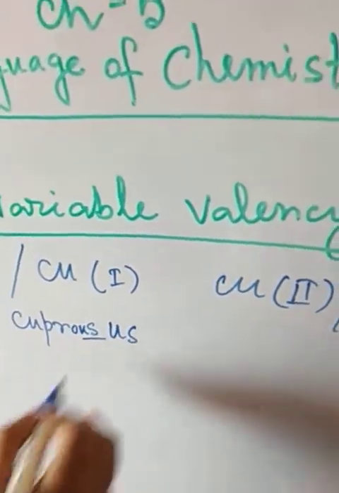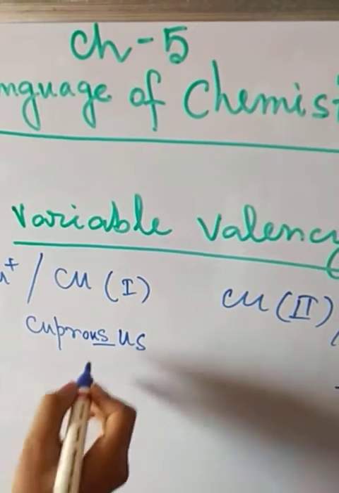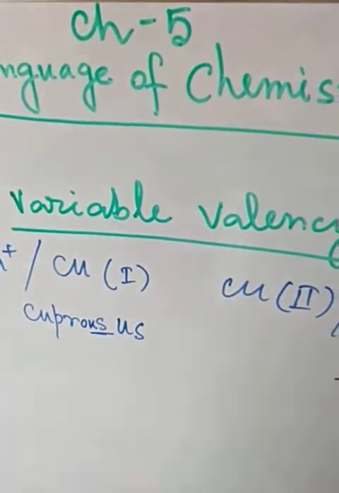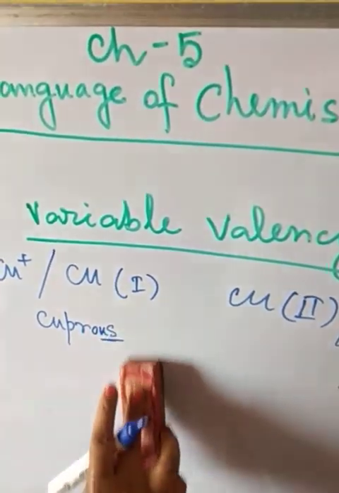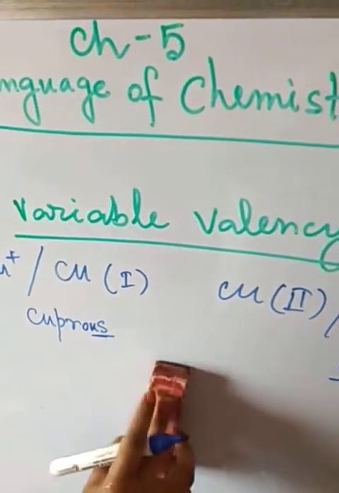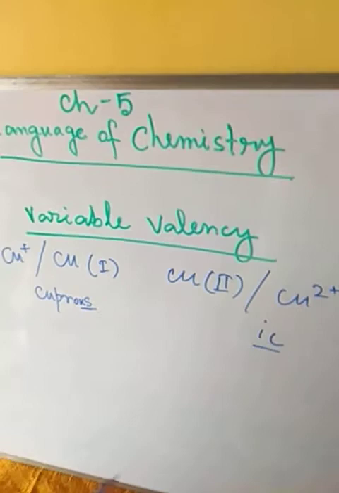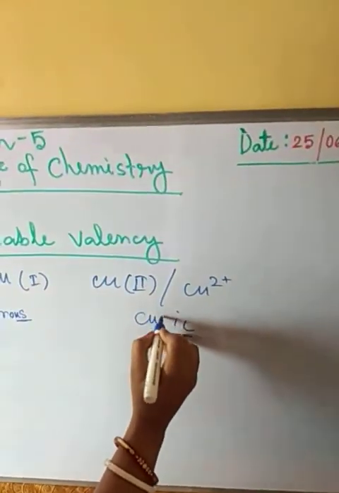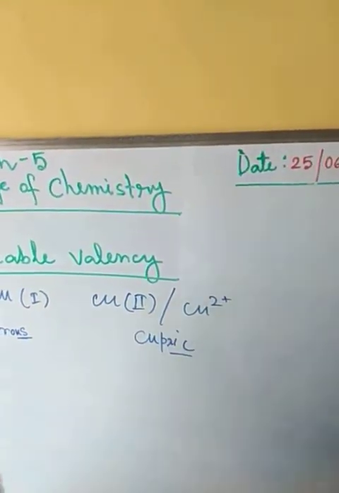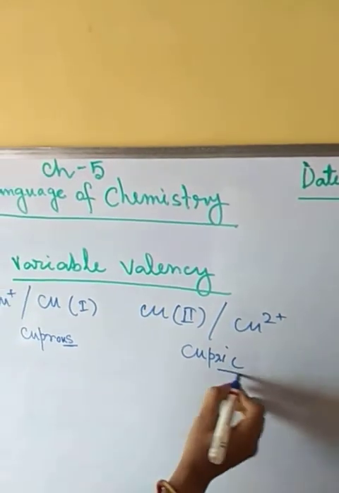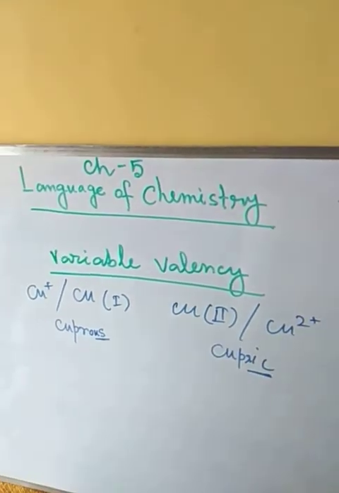Copper 1 we call cuprous, for the lowest valency, Cu plus, and this will be cupric, for the highest valency of copper.